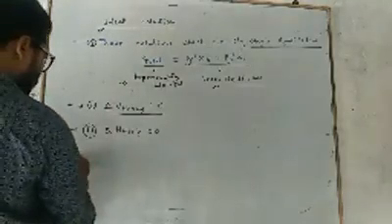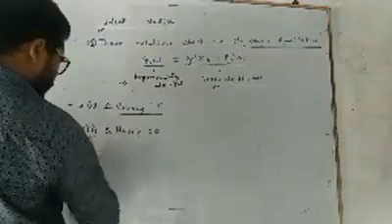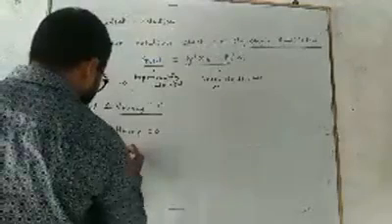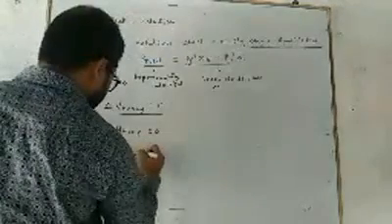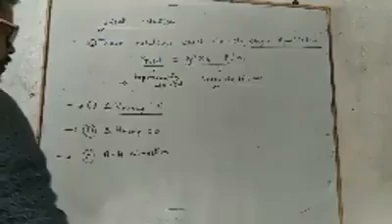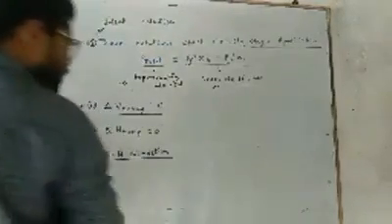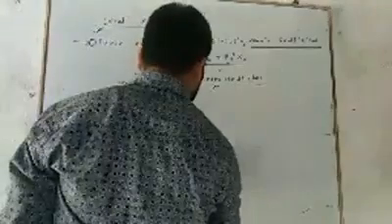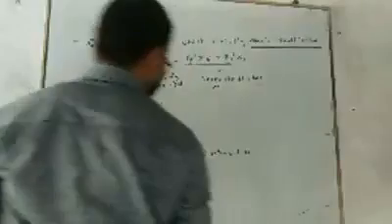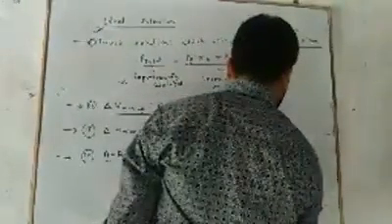And I told you the most important point: AA interaction should be equal to BB interaction should be equal to AB interaction.